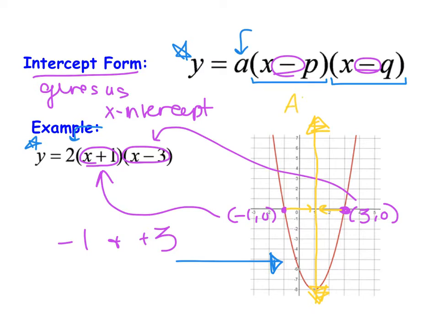So here 3 plus negative 1, those two values added together and then divided by 2. So this becomes an axis of symmetry of x is equal to 1, which we can see is true. We have a vertical line there at x equals 1 that divides that quadratic function, or that parabola, in half.